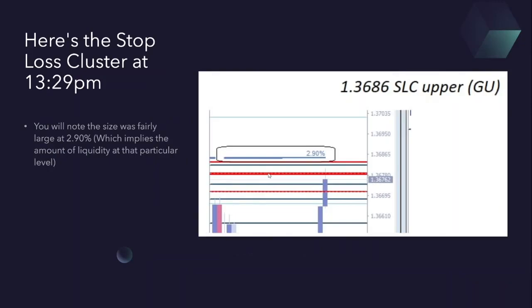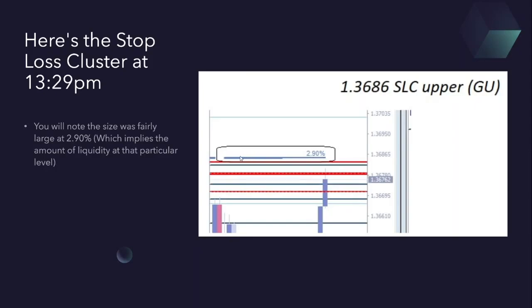So there are the retail guys, where they had their stops at 13686, and we really rallied hard after the BOE. You'll note the size is 2.9, and that simply applies to the amount of liquidity at that particular level in stops. It could be $290,000 or it could be $2.9 million.